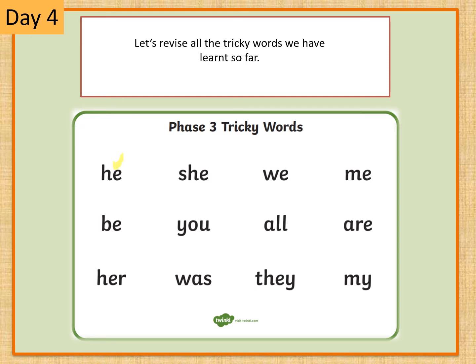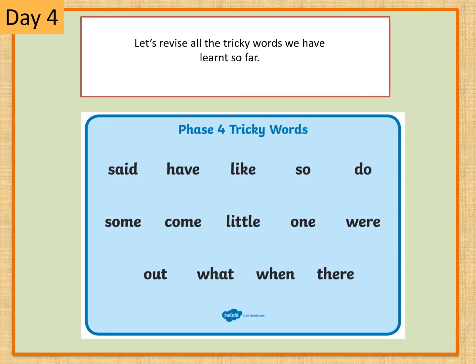Phase 3: he, she, we, me, are, all, you, be, her, was, they, my. Phase 4: said, have, like, so, do, some, come, little, one, were, out, what, when, there.